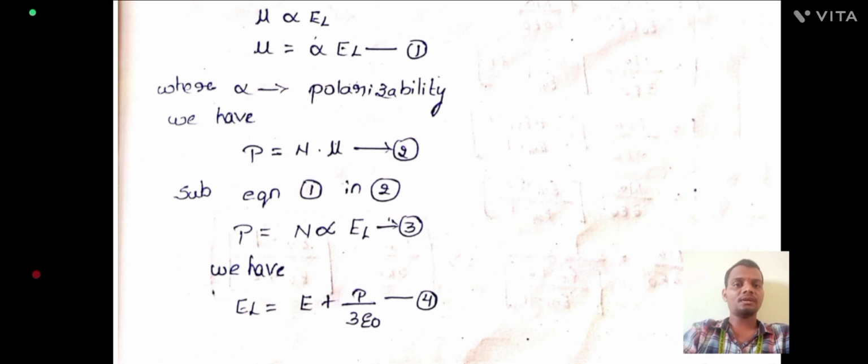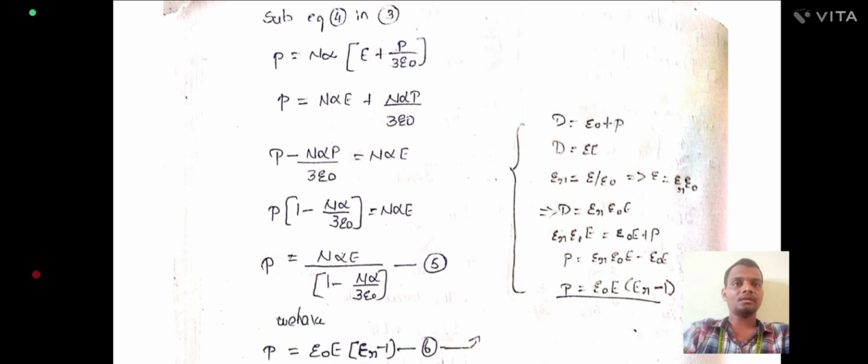We have EL is equal to E plus P by 3 epsilon naught. It is the fourth equation. Substitute equation 4 in 3, where P is equal to N alpha times E plus P by 3 epsilon naught. That gives N alpha E plus N alpha P by 3 epsilon naught.